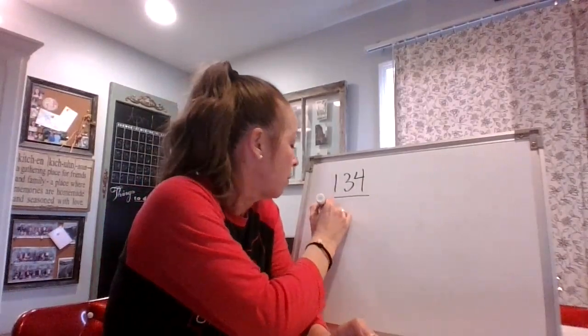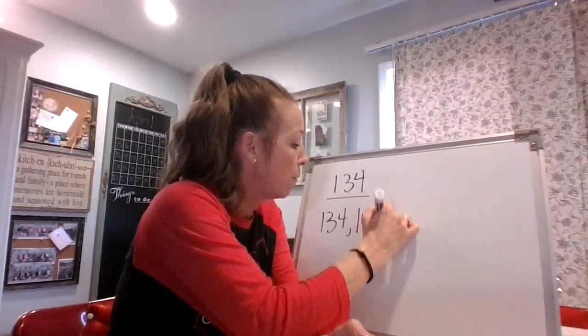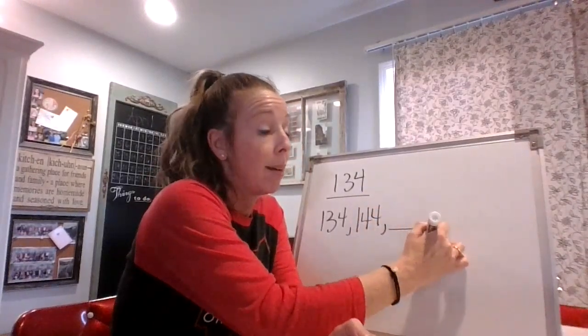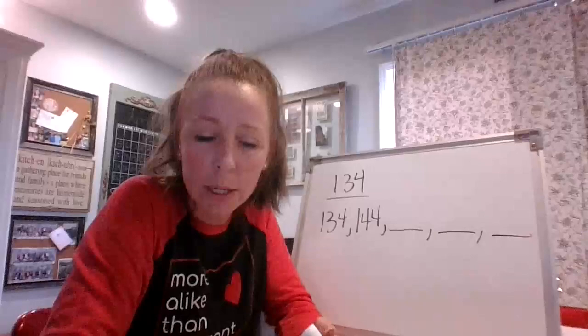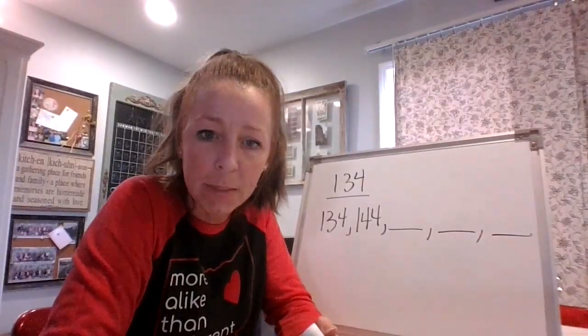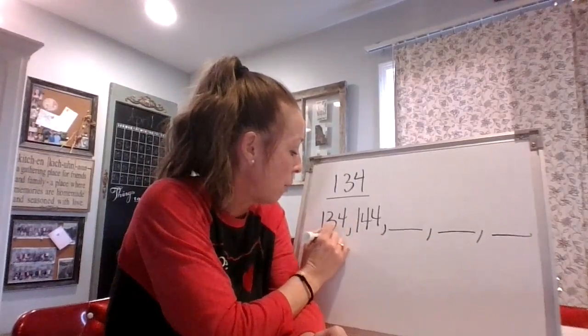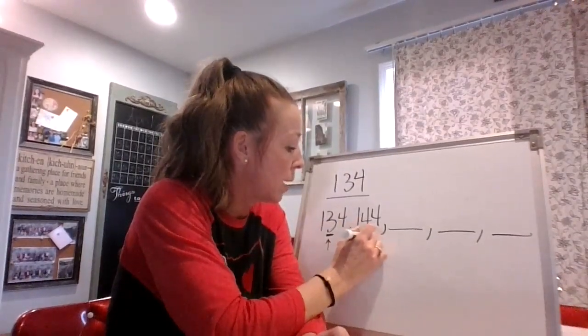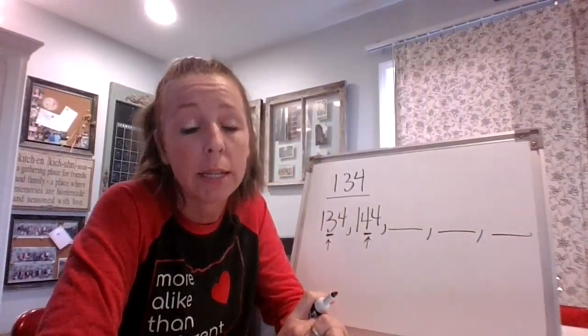And when I'm counting, I say 134, 144. What will be my next three numbers that I say when I'm counting by tens starting at 134? Remember, only the tens place number changes when we are counting by tens.